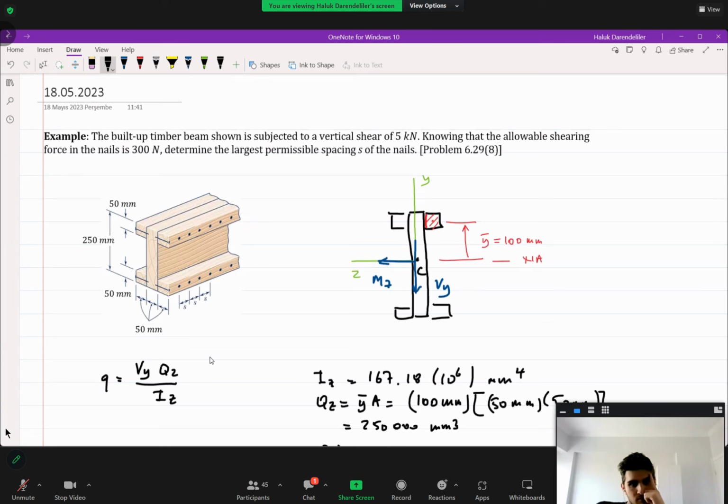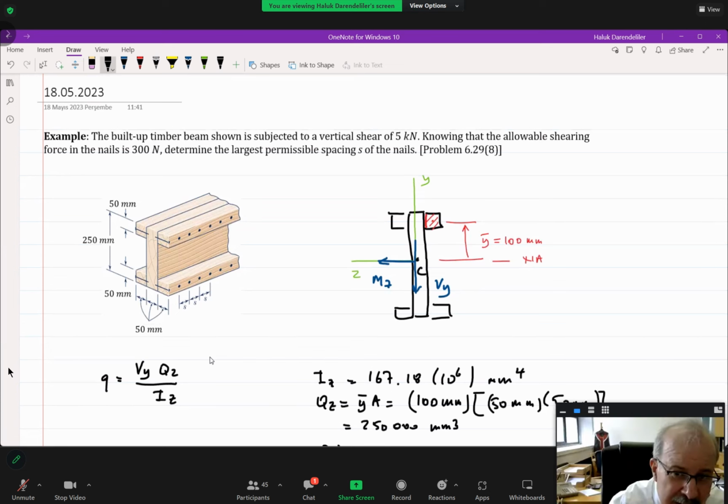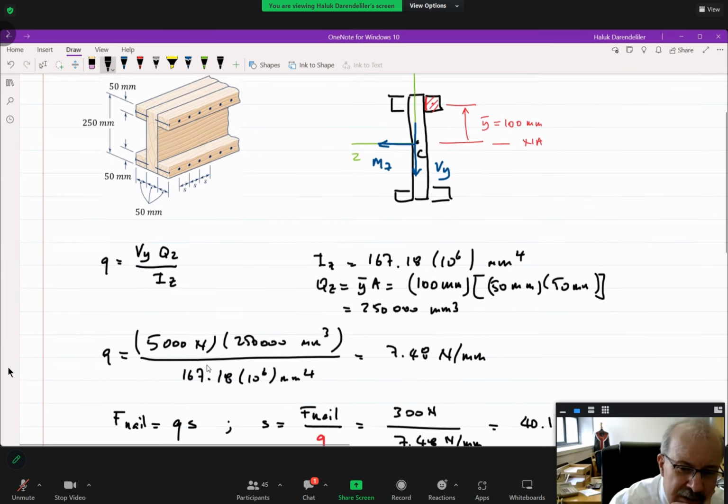50. Yes, t is the length of this red line. It is the intersection of that plane with the transverse section, which is 50 millimeters, as your friend said.